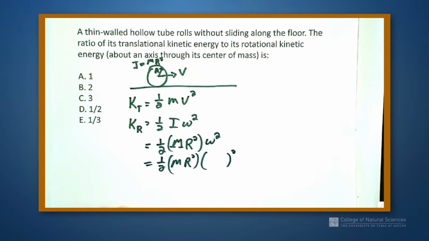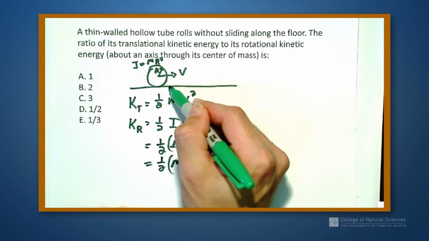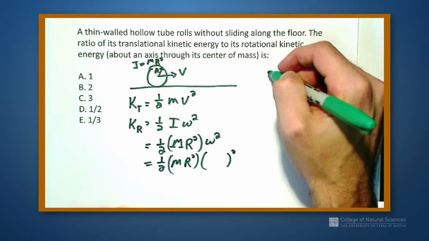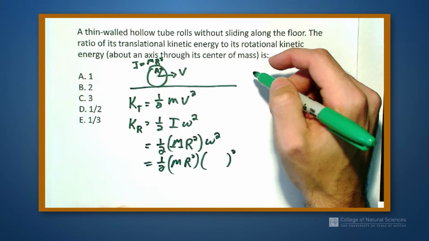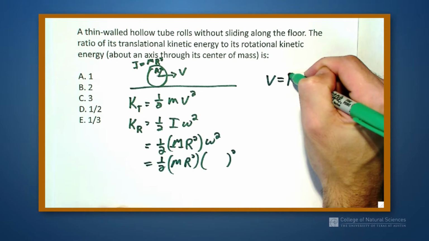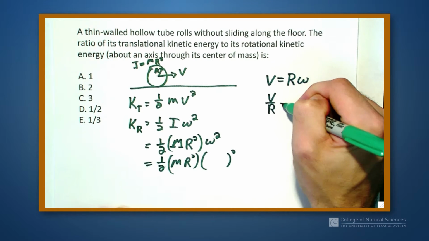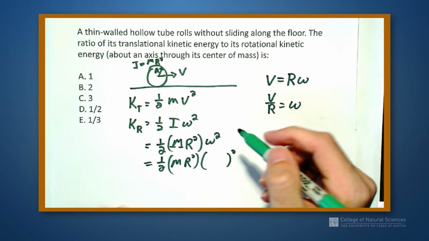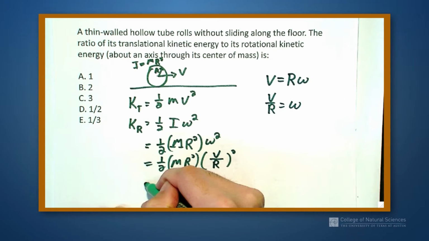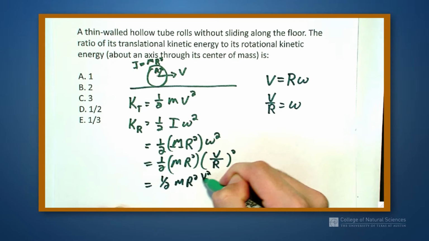Well, if this thing is spinning at omega, that means the ground is moving underneath it at some velocity, and I know how that relates. I know that the velocity is equal to r omega, or v over r is equal to omega. So v over r. And if I simplify this, I have mr squared, v squared over r squared.